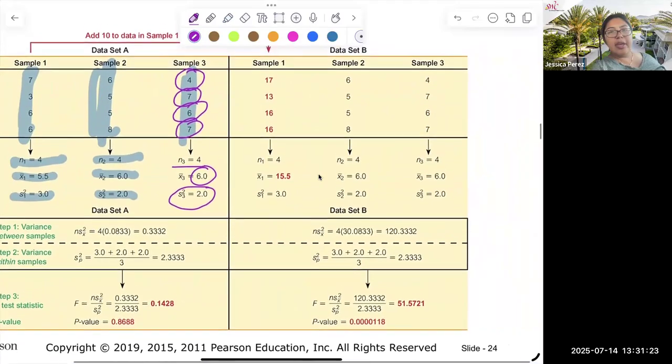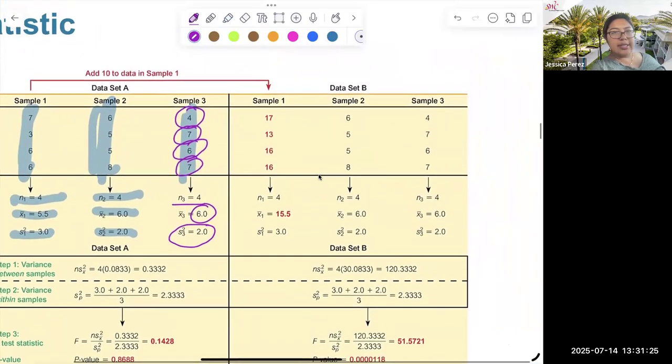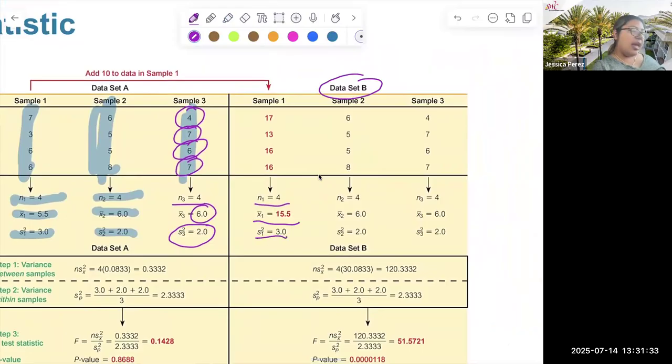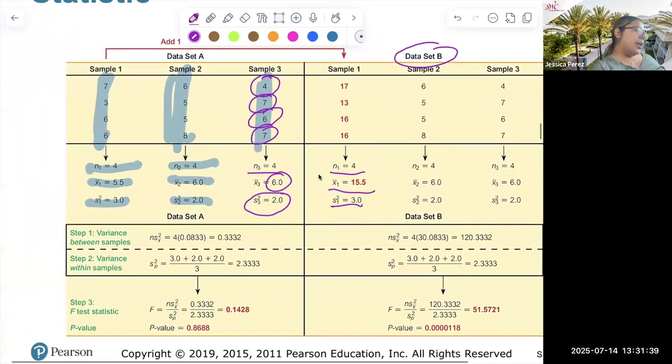Then we look at the other data, data set B. Data set B also has 4 values. Now this has a sample mean of 15.5 and a sample variance of 3, and so on and so forth. So we're looking at them independently.